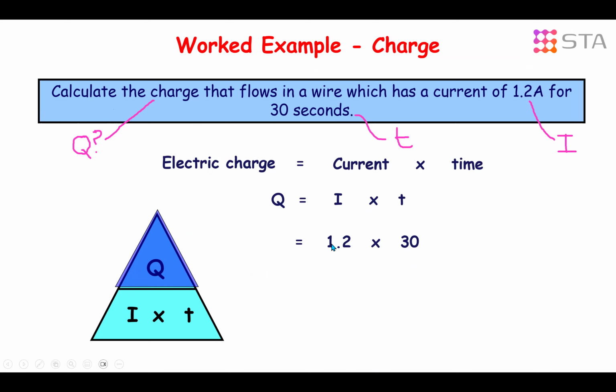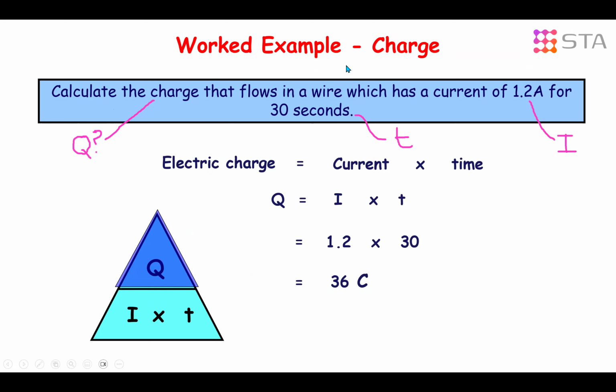Now you've got I, 1.2 amps, times T, 30 seconds. 1.2 multiplied by 30 gives you electric charge of 36 coulombs. Okay, nice and easy. You're working out charge. Charge is Q, and it's measured in coulombs.